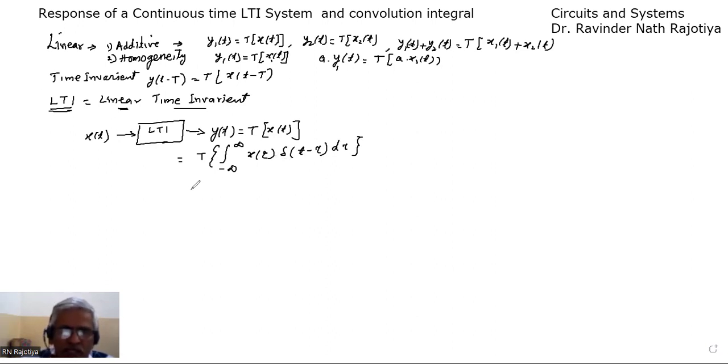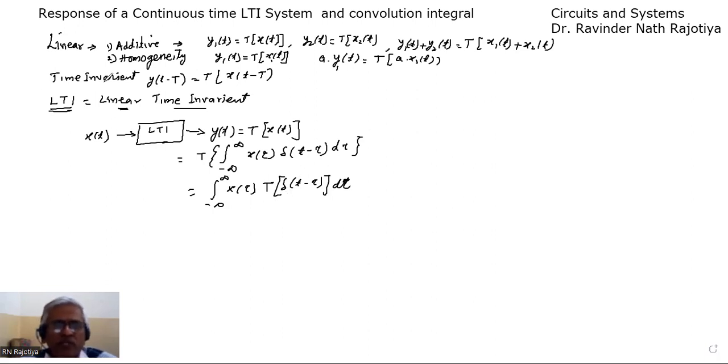So I can take this operator inside and say this is equal to the integral from minus infinity to plus infinity of x of tau into the transformation on the signal delta of t minus tau, d tau.